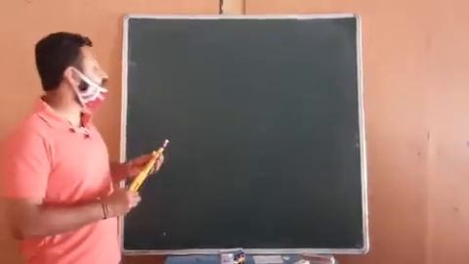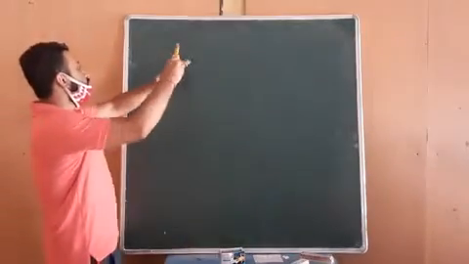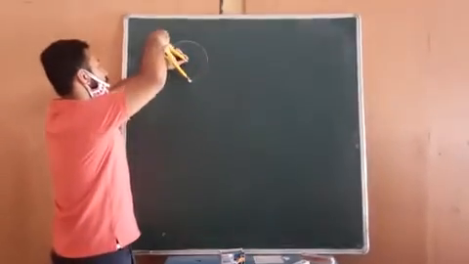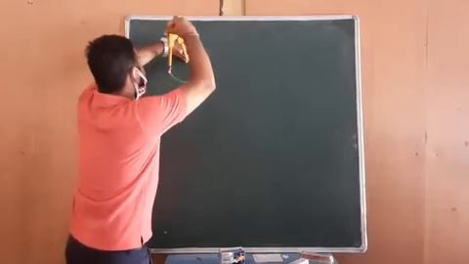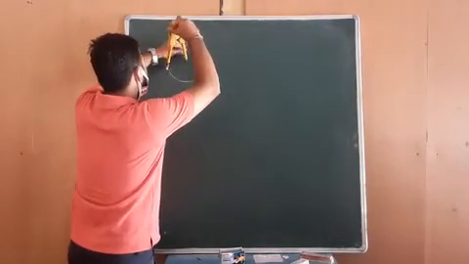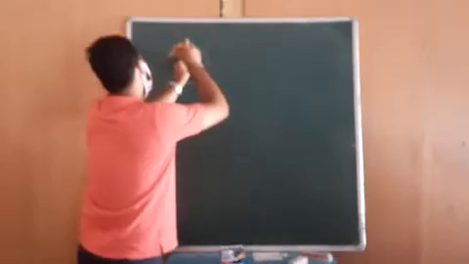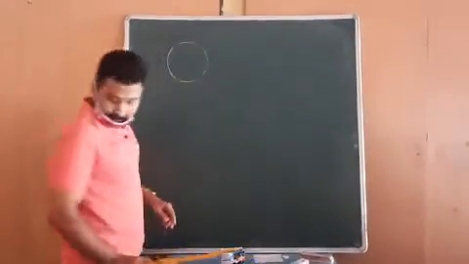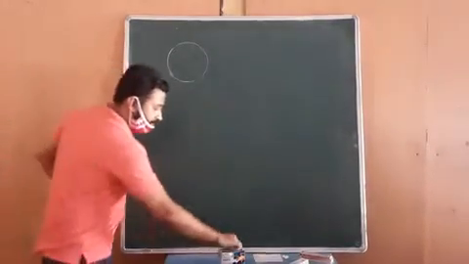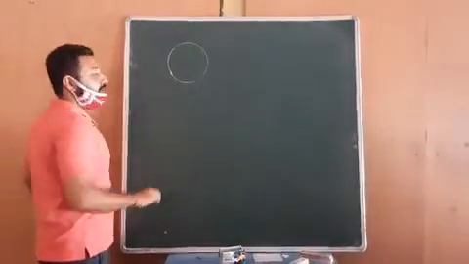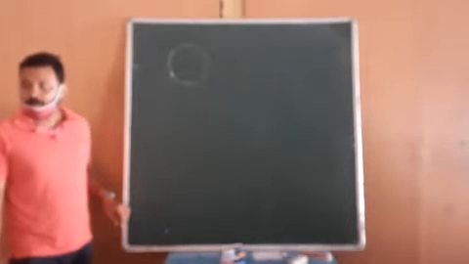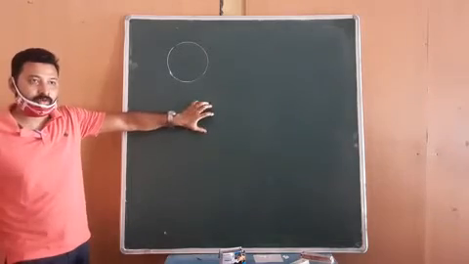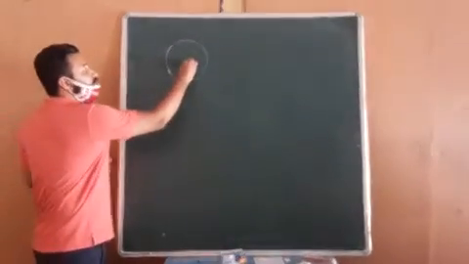So everyone knows about a circle. A circle is a collection of points on a plane which are equidistant from a certain point.